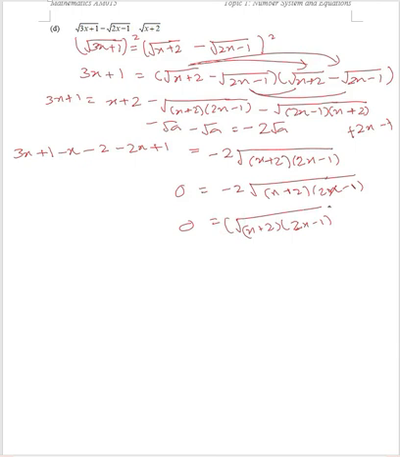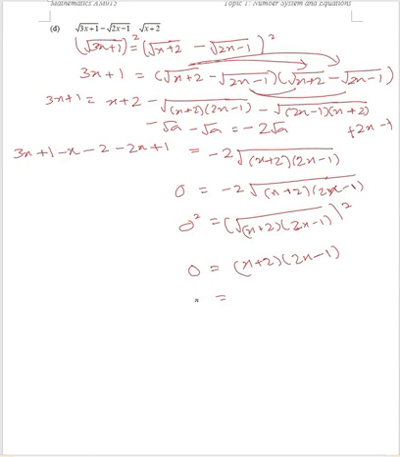Just have to square both sides, and 0 squared is just 0. Since square meets square root, it will cancel off. Then you have x plus 2 times 2x minus 1. This is just a quadratic equation where you can factorize, and this is the factorized answer.